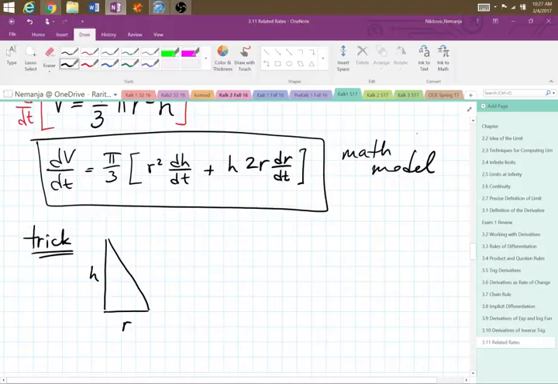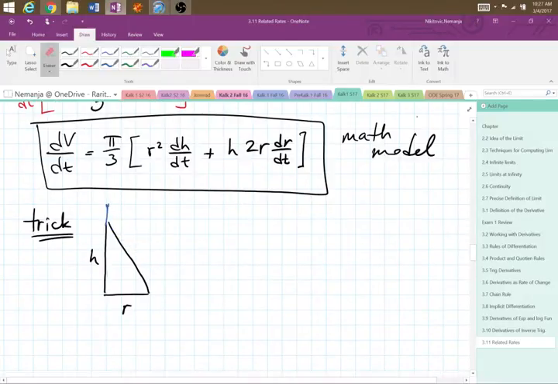And then we're going to have the second state, when this is larger. Call it capital H and capital R, where these sides are parallel, right? So now h is to r what H is to R.